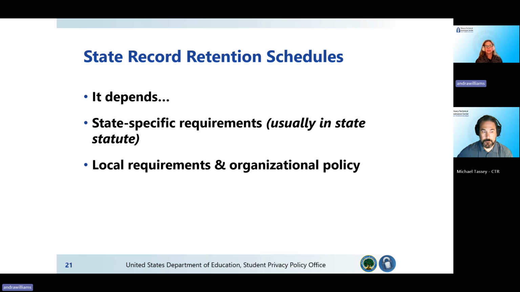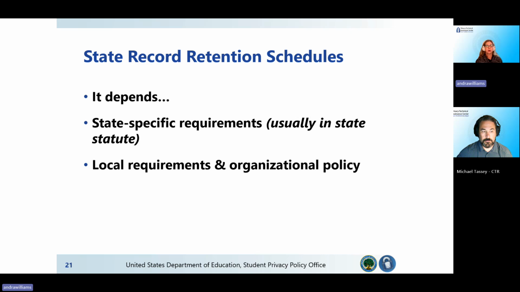So you need to look at your state-specific requirements, and you're usually going to find those in state statute to talk about what sort of records are covered under these requirements. Some states specify emails, for example, as a record subject to an open records law. So there's that sort of thing to consider too when you're figuring out how long you're keeping and which records.